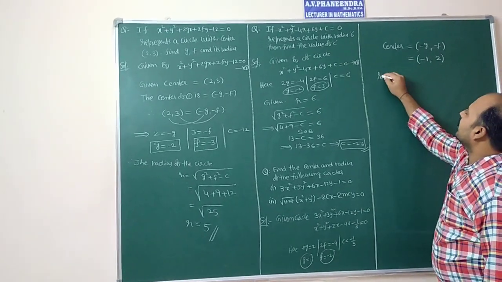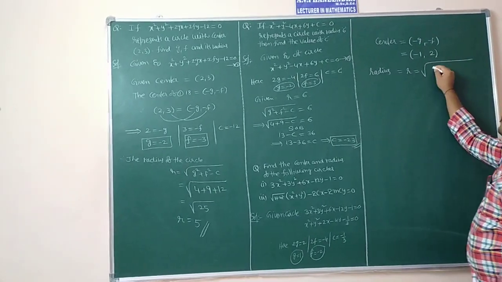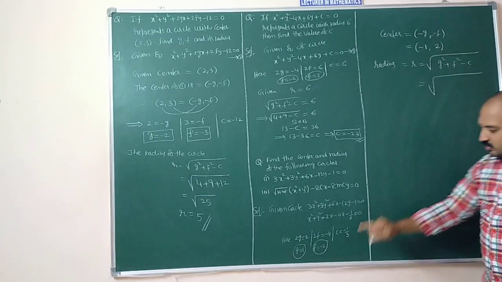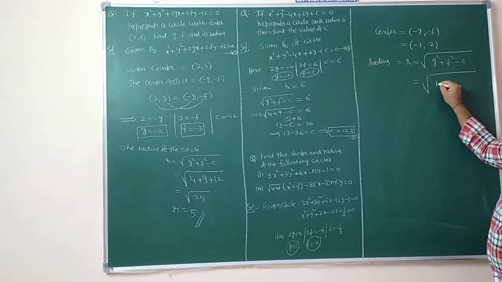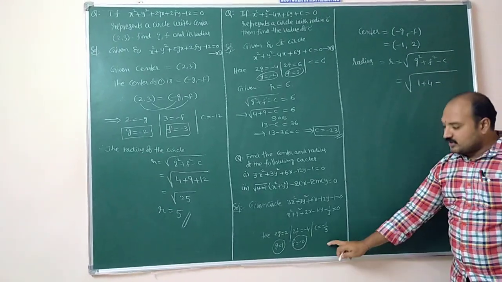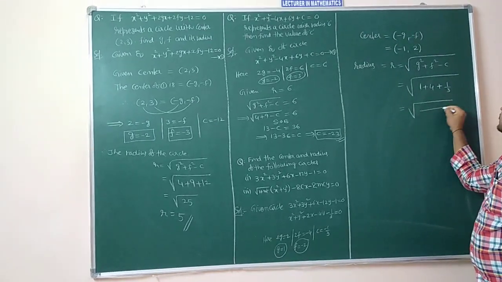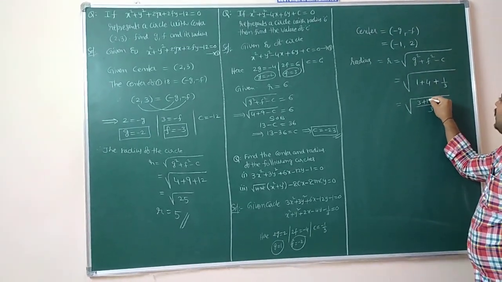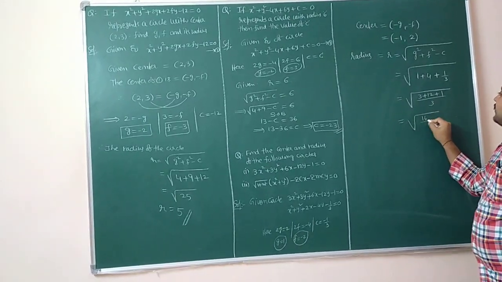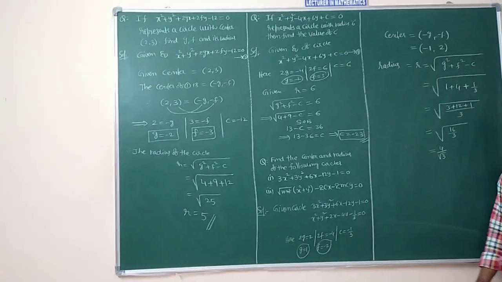Next, the radius of the circle: r = √(g² + f² − c), which is equal to √(1² + (−2)² − (−1/3)), which is √(1 + 4 + 1/3). Taking the LCM 3, (3 + 12 + 1)/3, which is equal to √(16/3) = 4/√3, since √16 is 4.